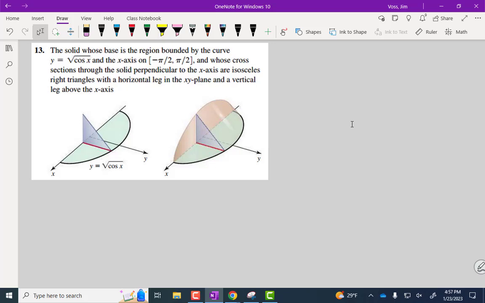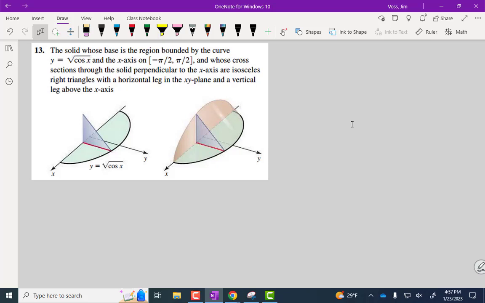Now they tell us that the cross sections are going to be perpendicular to the x-axis, so we draw this element perpendicular to x. Those cross-sectional shapes are isosceles right triangles, where the horizontal leg is in the xy plane and a vertical leg is above the x-axis.